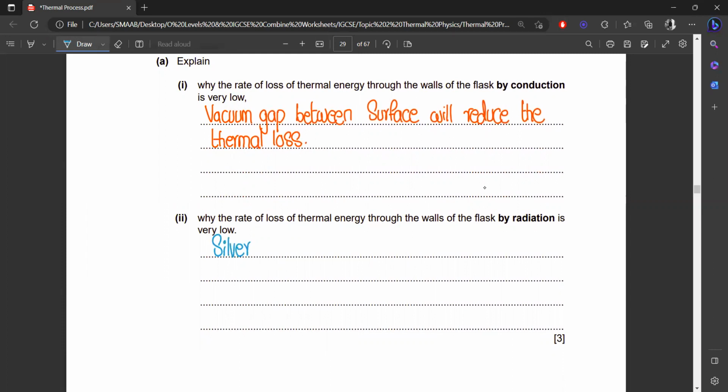So silver is a good reflector and a bad absorber. That's why silver color will help us decrease the rate of loss of thermal energy through the walls, right?